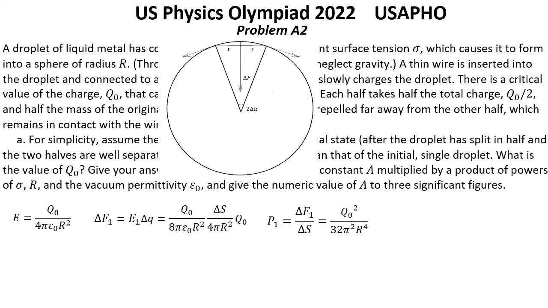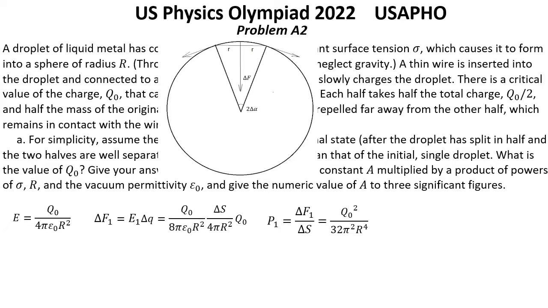Now let's calculate the pressure due to surface tension, which points inside the droplet. We know that the total force acting on a line of length L equals L multiplied by sigma, the coefficient of surface tension.